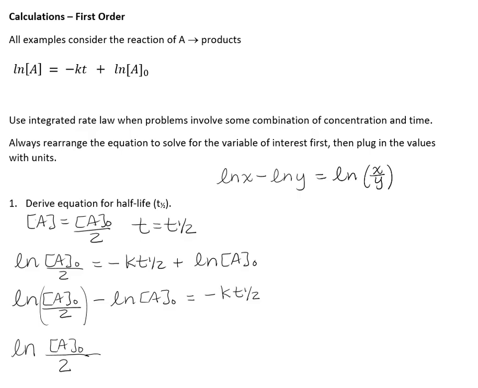So I'm just going to write that in the denominator, equals minus kt1/2. The A naughts will cancel, and we're left with ln of 1 over 2 equals minus kt1/2.